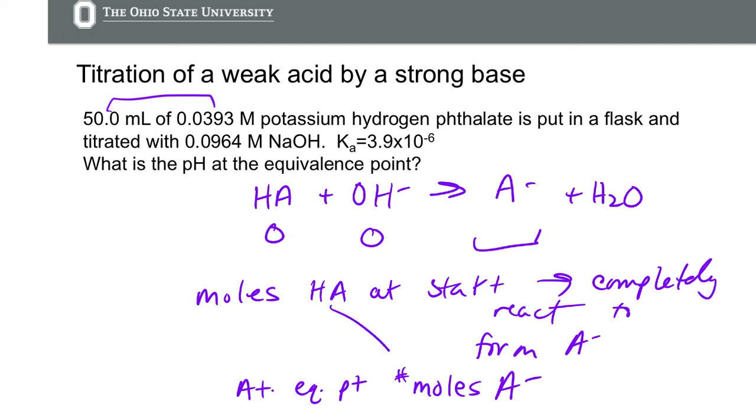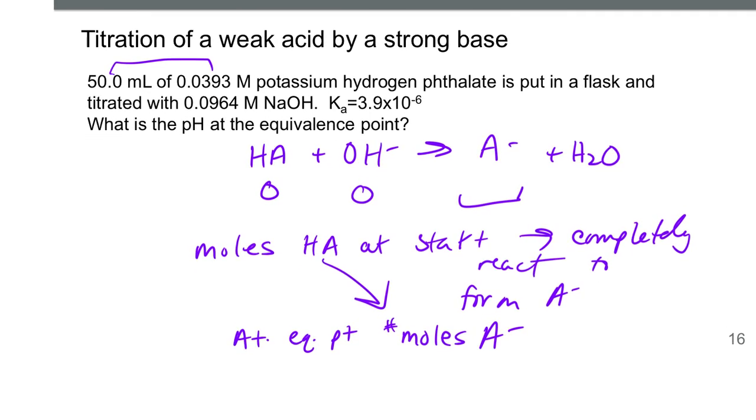Okay, so whatever we start with in terms of HA, we end up with in terms of A minus at the equivalence point. That was written out terribly, I apologize. Okay, so we started with 0.0393 molar times the 50 milliliters, and we have 0.001965 moles of A minus at the equivalence point. If you want to do a reaction table, by all means, you'll get the right answer. It's just a lot more steps.